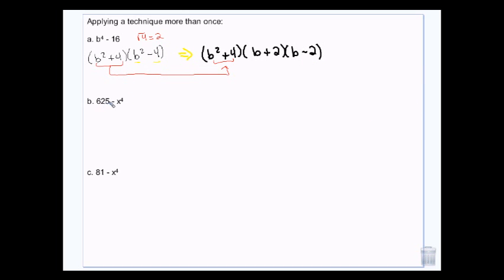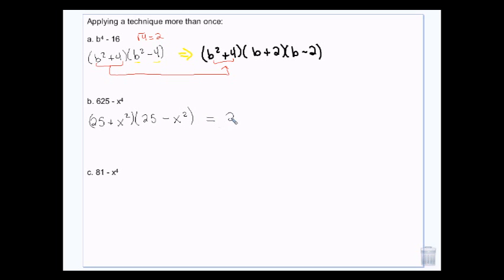Okay, 625 and x to the fourth. I know this is a perfect square. I have this one memorized, but if you didn't, just plug it into your calculator and hit square root, and if it gives you an even number, you know it's a perfect square. Well, it's going to happen to give me 25. And the square root of x to the fourth is x squared, so I'm going to have 25 plus x squared and 25 minus x squared, and I have another set of perfect squares.